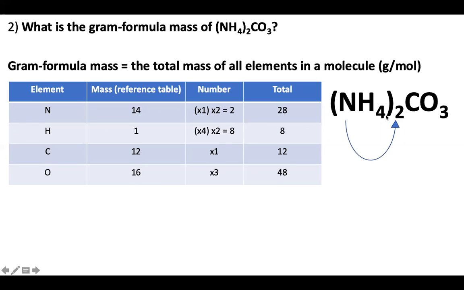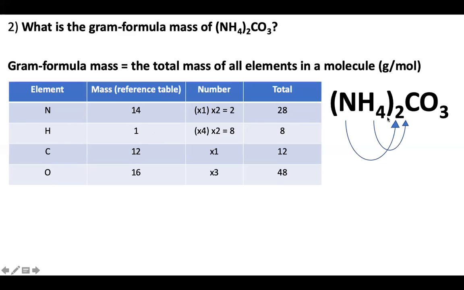So just like in math, we're using distribution, and it's basic algebra. We're multiplying that one nitrogen times 2, so we have 2 nitrogen. And now that we have 2 nitrogen, if each nitrogen has a mass of 14, we get a total of 28.